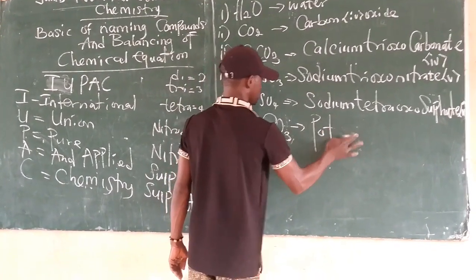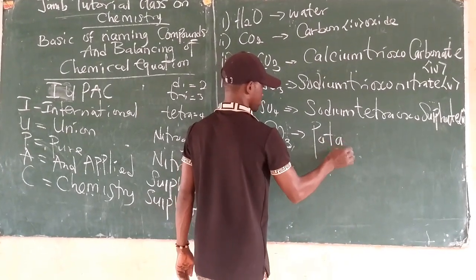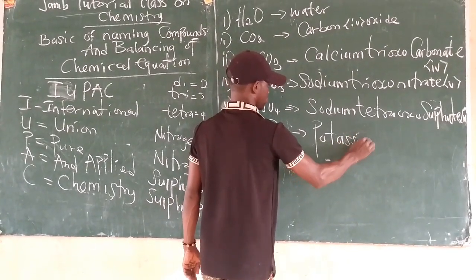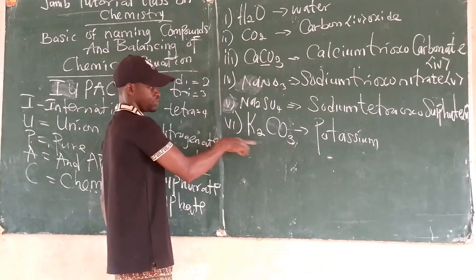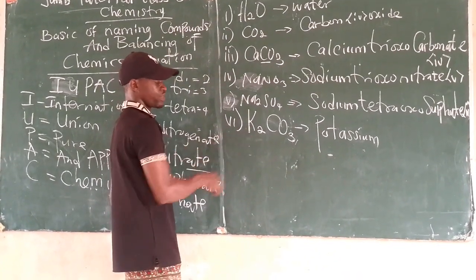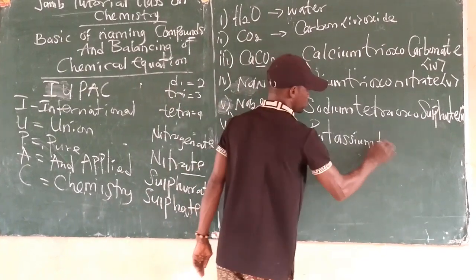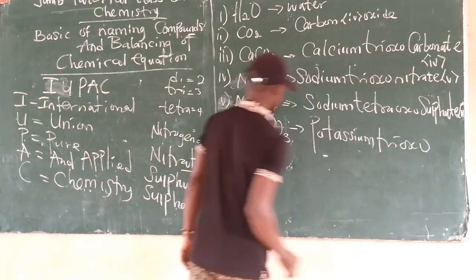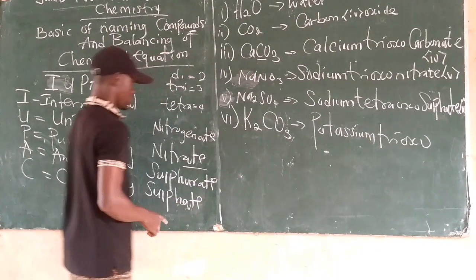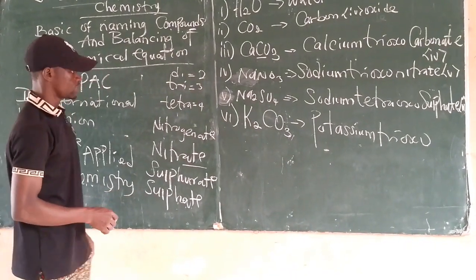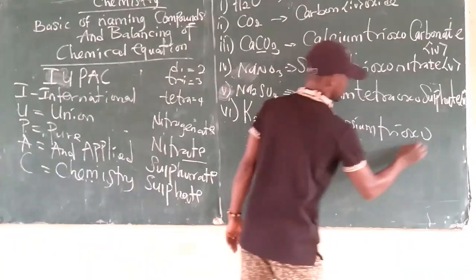Potassium. K represents potassium. This is oxygen. 3 atoms of oxygen becomes trioxo. And this is carbon. Carbon still remains carbonate.